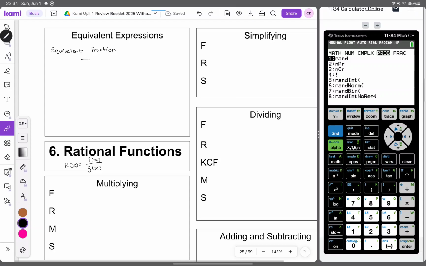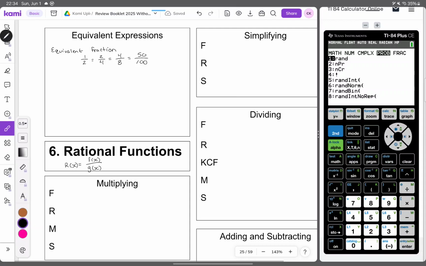So this is like saying that 1/2 is equivalent to 2/4, which is equivalent to 4/8, which is equivalent to 50/100. All of these represent the same thing. They can all be simplified down to 1/2, but they're just cut into smaller and smaller pieces.